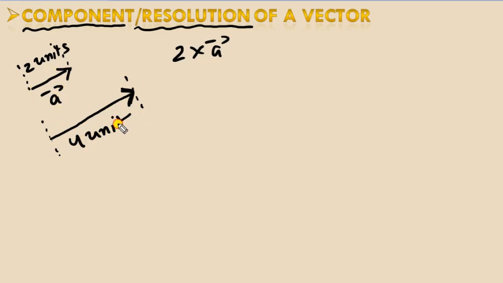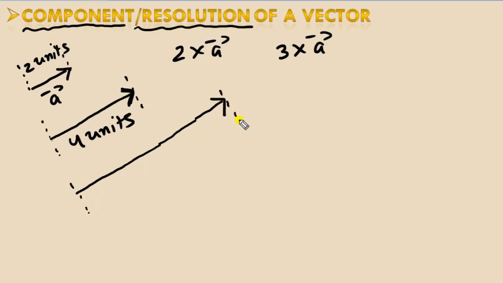If I ask you what is 3 times vector A, it is obvious 3 times vector A would be a vector which has a magnitude 6 units. That means the length of the arrow is 6 units and having the same direction as that of vector A.